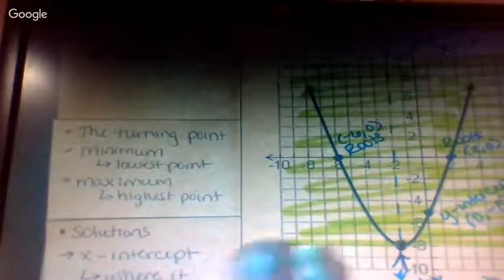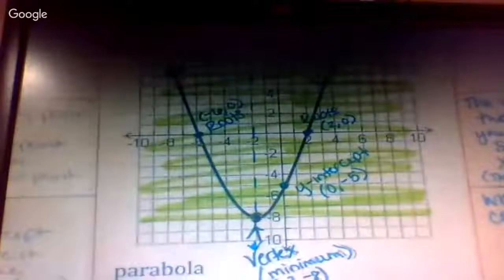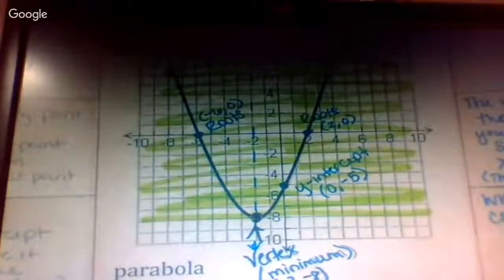On this graph, if I tell you x is 1, what is your y value? When x is 1, you would find your 1 and find where your graph is.